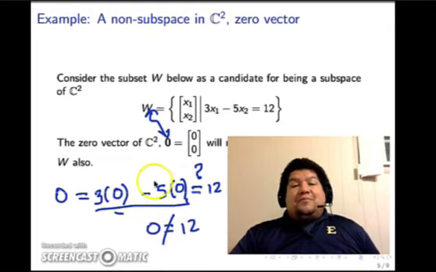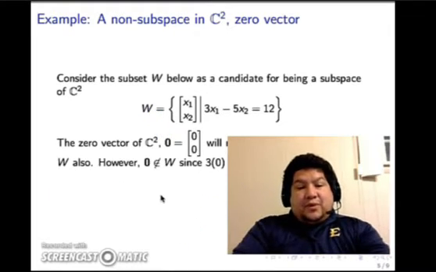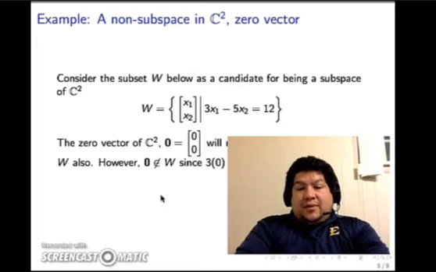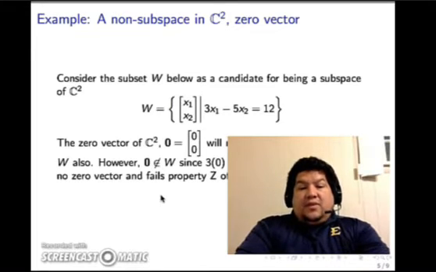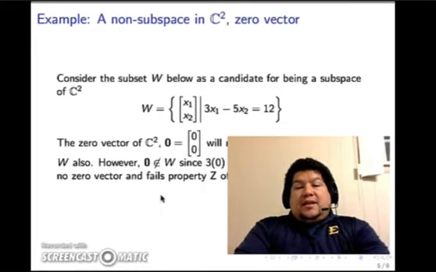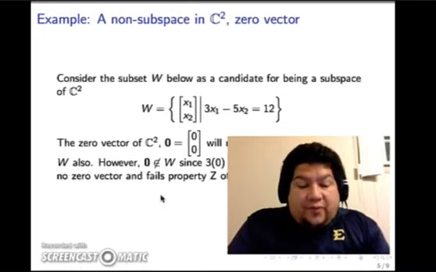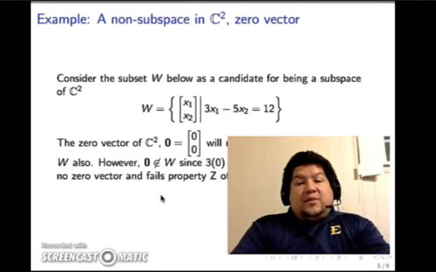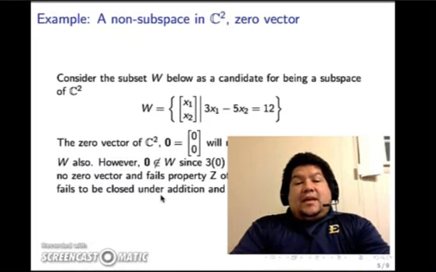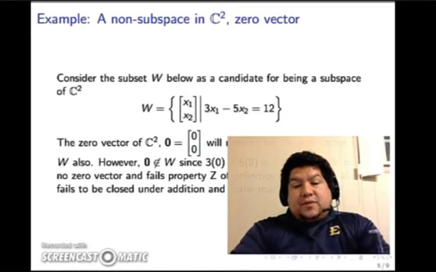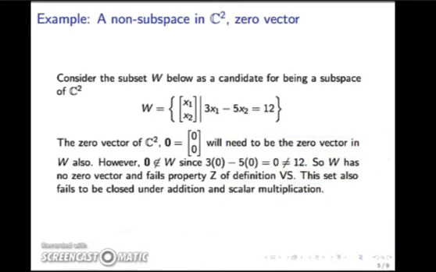So we would argue that 0 is not a member of W, and that would tell us that W fails to have one of the required properties for being a vector space.